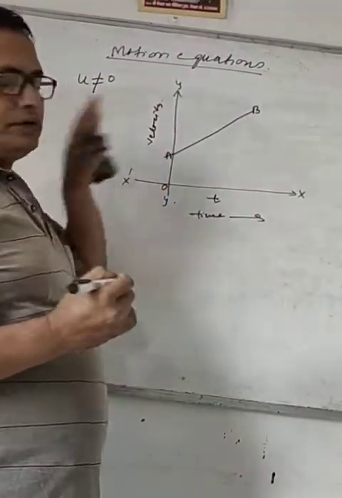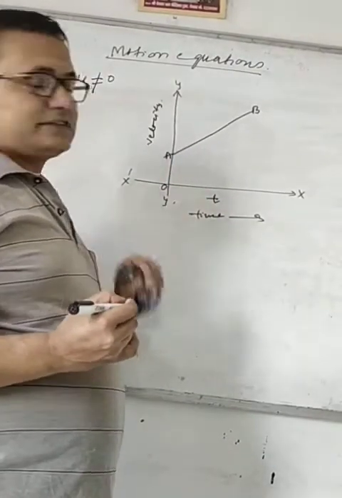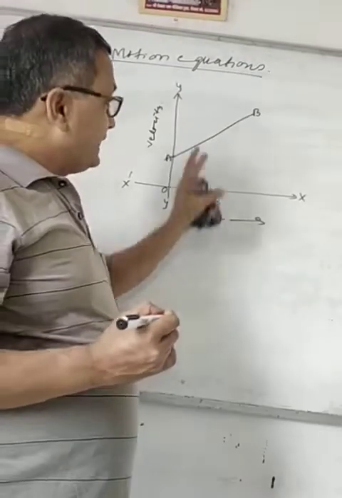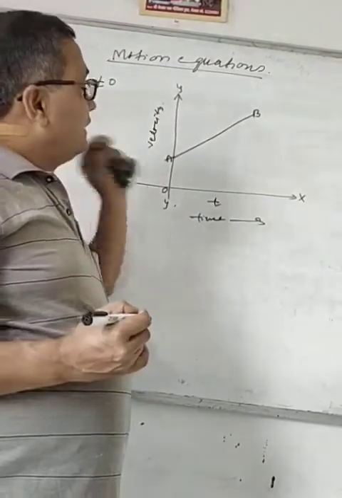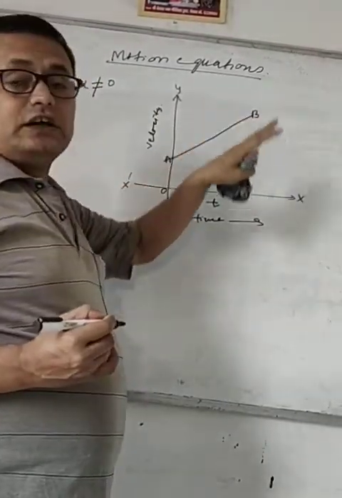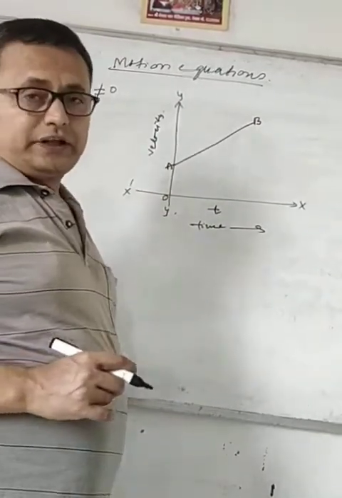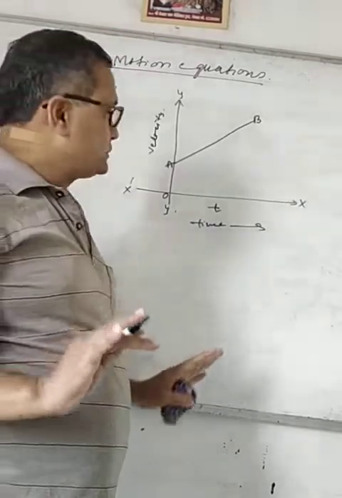With the help of this, we relate velocity and acceleration and obtain the three equations. These equations are known as the motion equations.